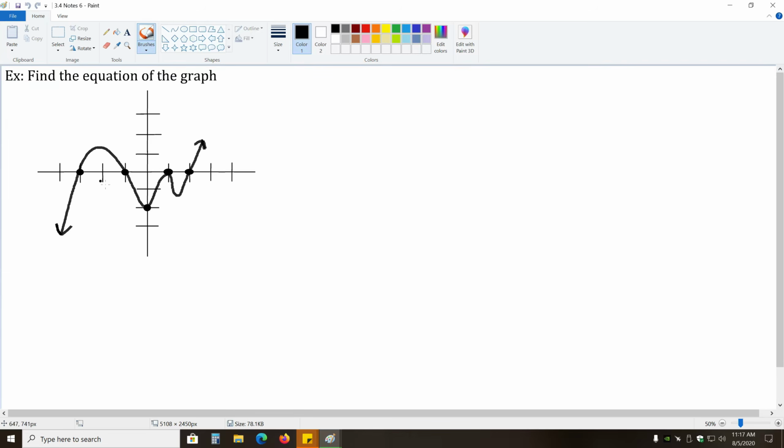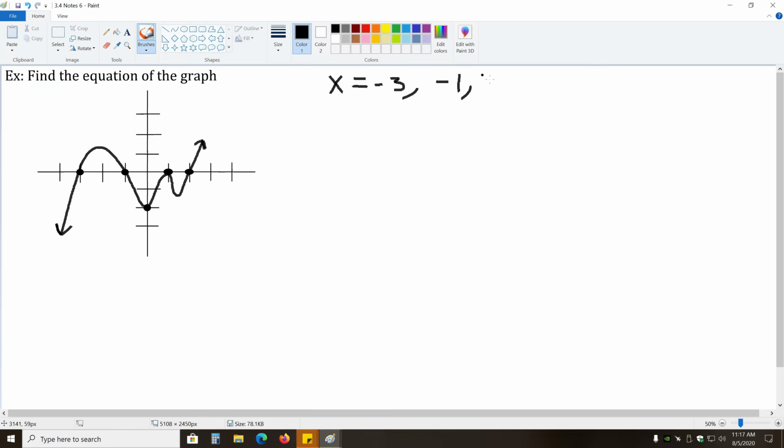So, to start off with, we should make a list of all of our x-intercepts and our y-intercept. So starting off, going left to right, we have this x-intercept here at x equals -3. We have another one here at x equals -1.